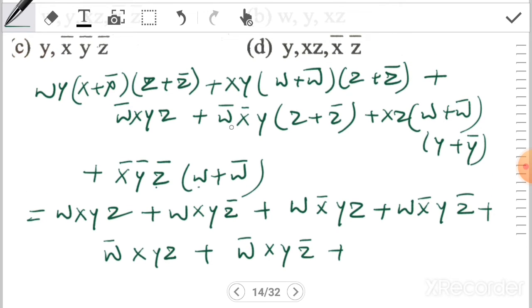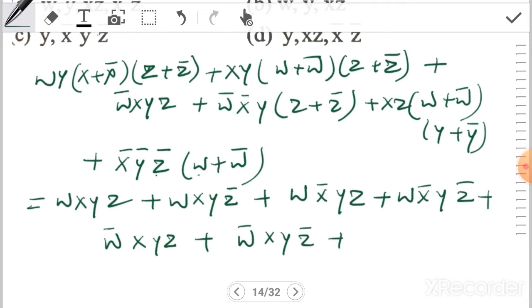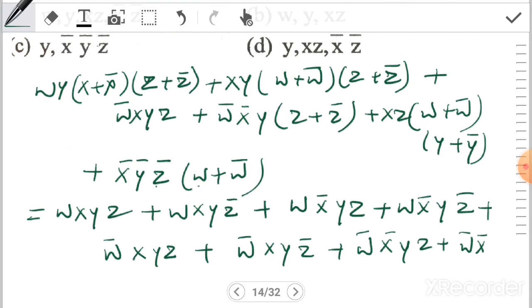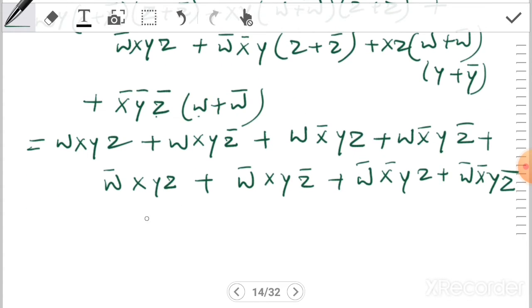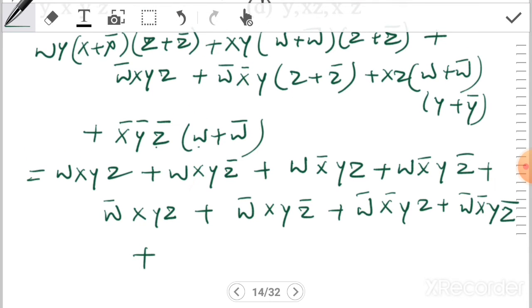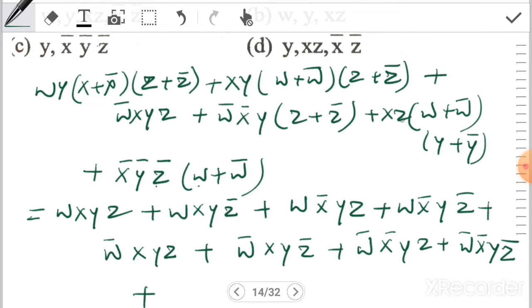Next w complement x complement y z, w complement x complement y z complement. Again x z w y, which is redundant. x z w y complement.